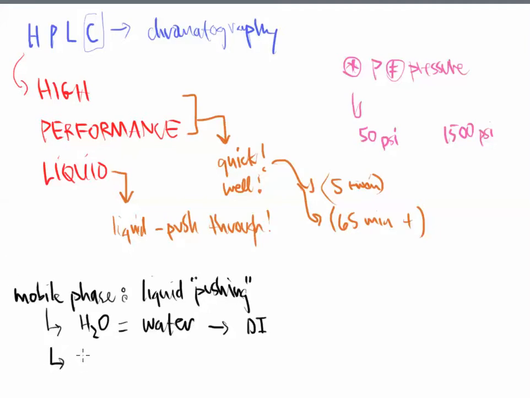Another mobile phase choice that is very common to us is this compound that we abbreviate as MeOH. MeOH stands for methanol. That's the abbreviation that we use, and that's typically used in a laboratory all day long.